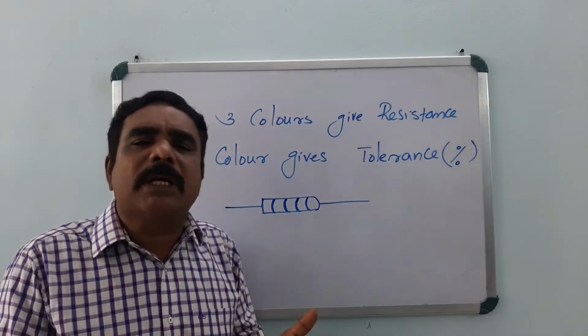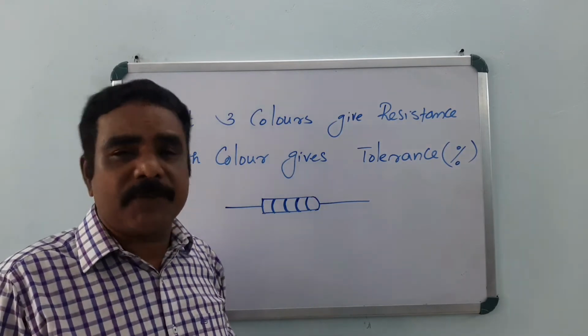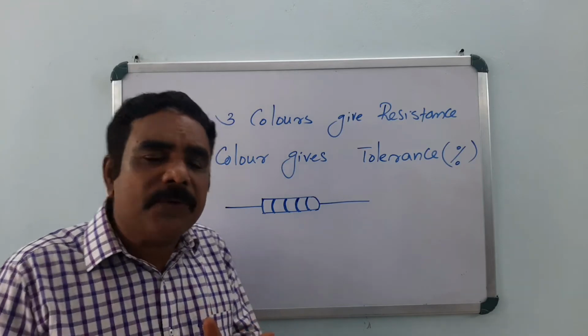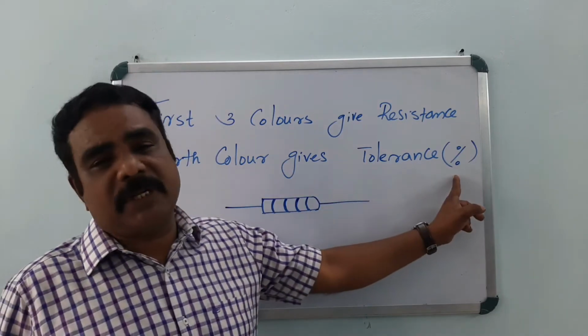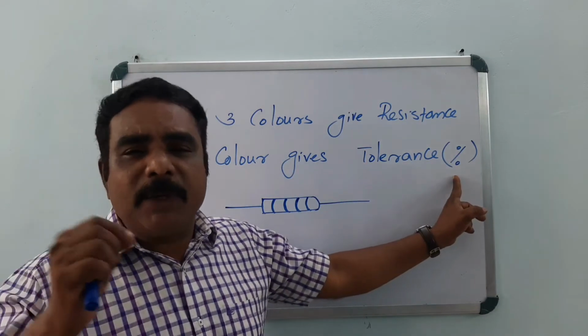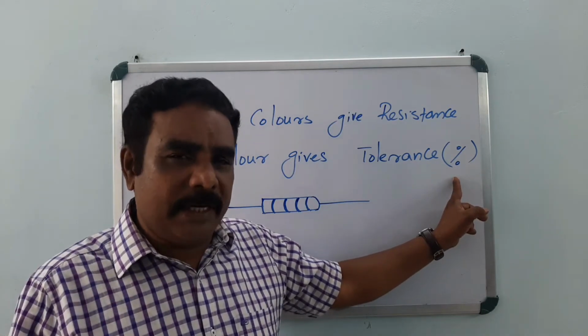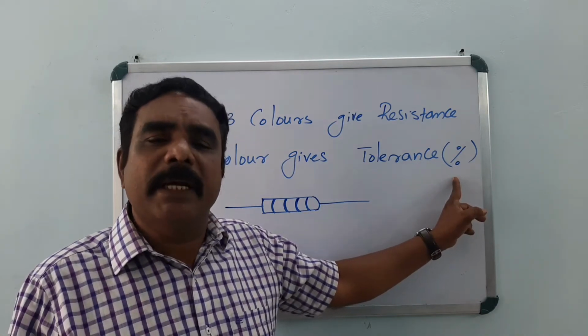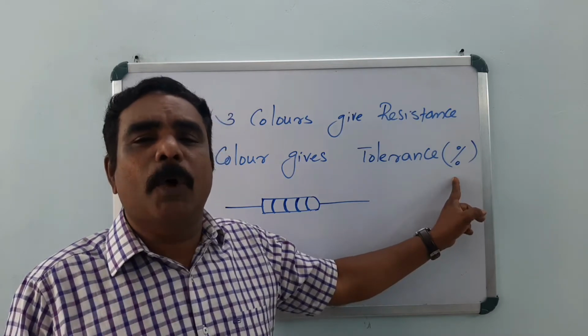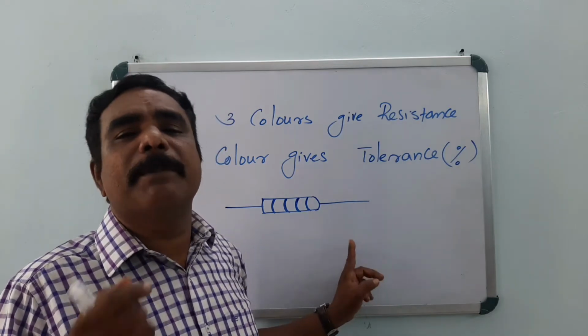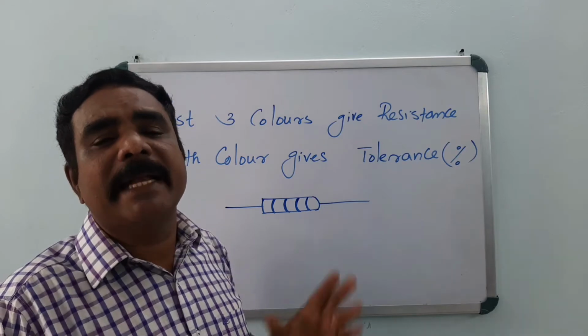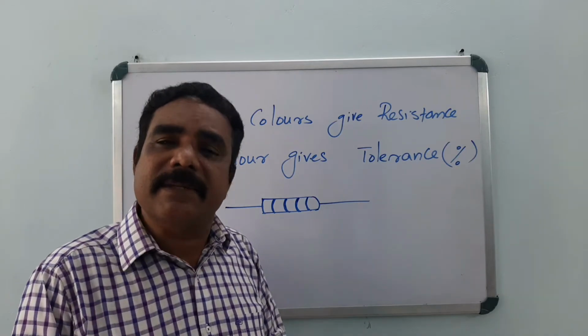The fourth color gives its tolerance, and tolerance is expressed in percentage. By calculating the resistance and by knowing the tolerance range, we can calculate the minimum possible value and also the maximum possible value that can be obtained from the given resistor.